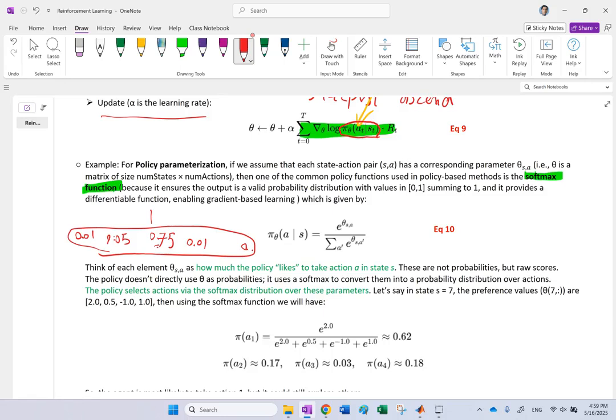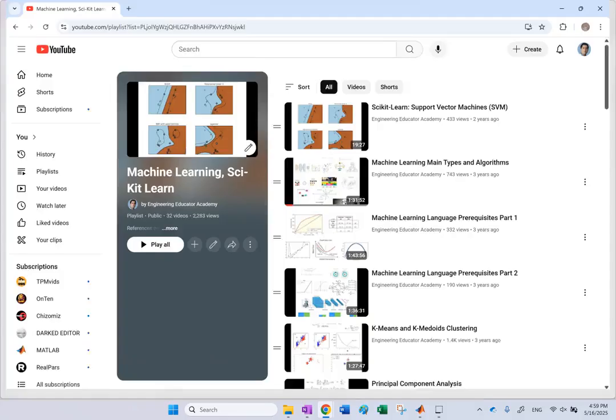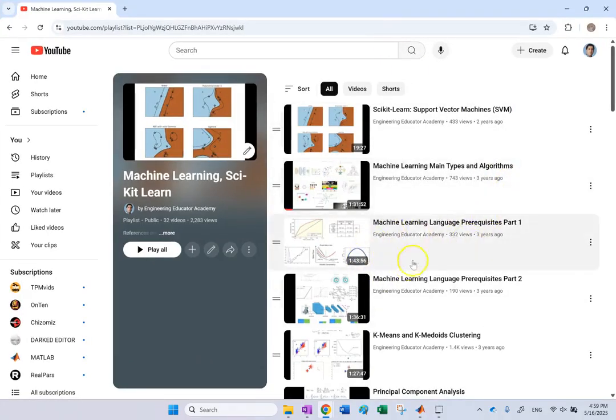And that function, if you remember, was in the video I had called the terminologies of machine learning. Let me show you that, which is again under my machine learning playlist. The softmax function was introduced, and this is absolutely a critical function in lots of machine learning. You should be able to find something like machine learning language prereqs here.